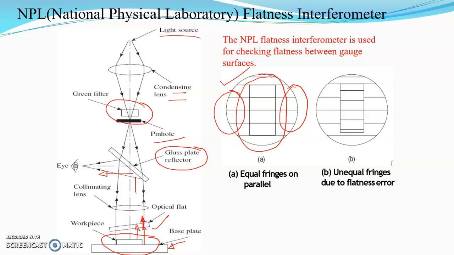If both are matching, then we can tell that the workpiece is parallel. If we observe a difference, that is, unequal fringes, then that is an indication of flatness error.